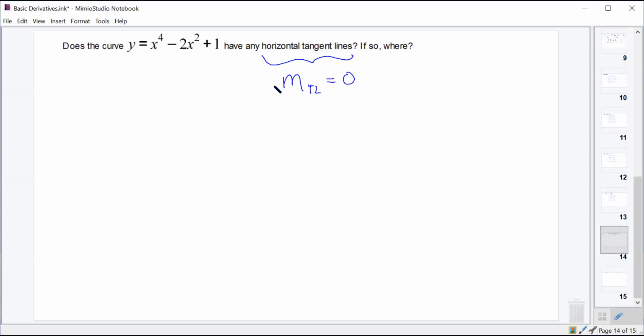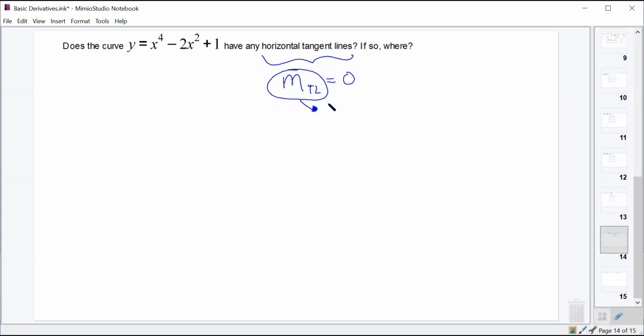And what is the slope of the tangent line? How is that represented in calculus? What is the slope of the tangent line of any function?